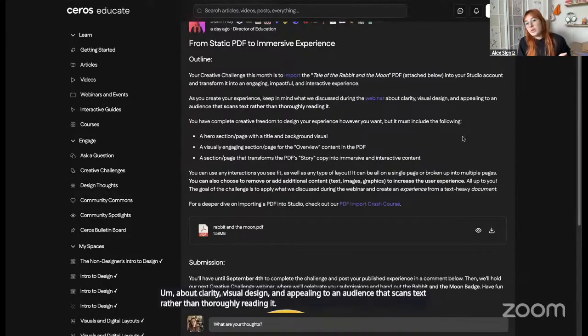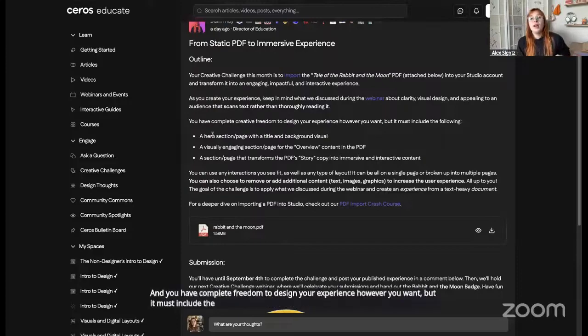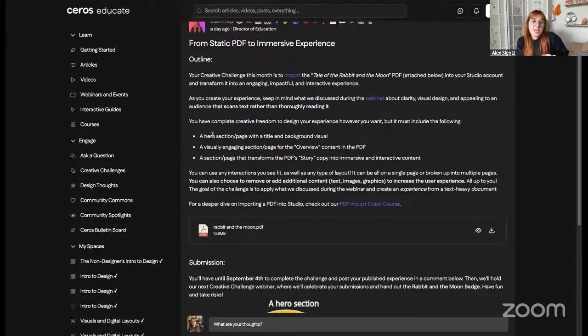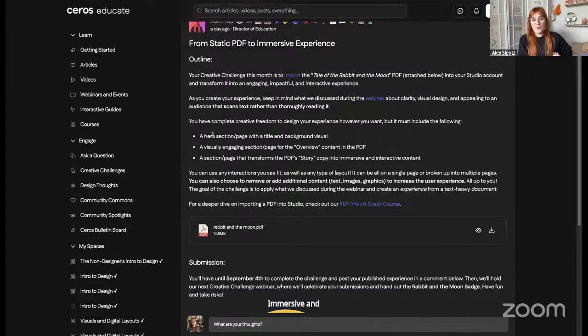You have complete freedom to design your experience however you want, but it must include the following: a hero section or page with a title and background visual, a visually engaging section or page for the overview content, and a section or page that transforms the PDF's story copy into immersive and interactive content. You can use interactions, anything that you see fit, as well as any type of layout.